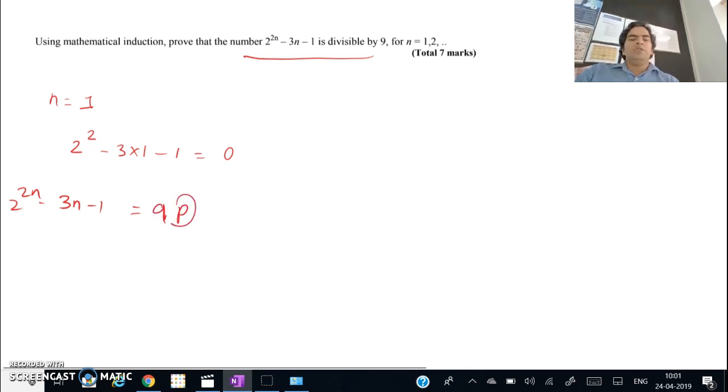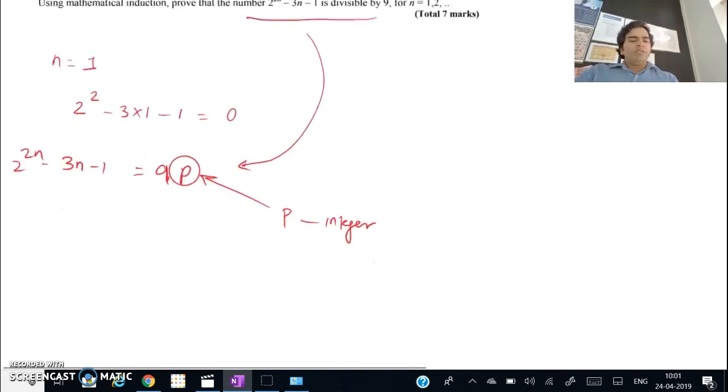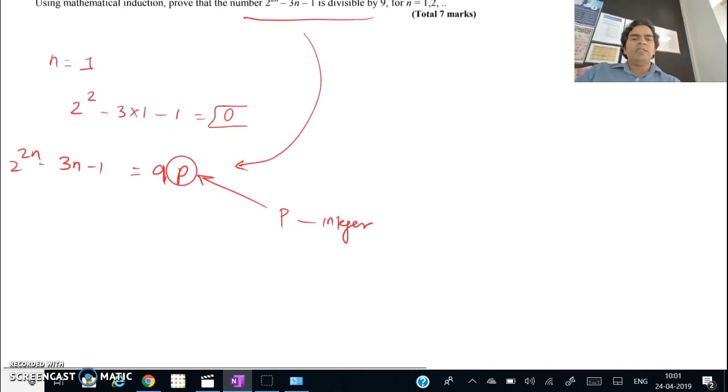In general, if I take this as 9p, where p is an integer, the divisibility statement can be modified. If I take n as 1, you can clearly see that this is a multiple of 9, because 0 is 9 times 0.